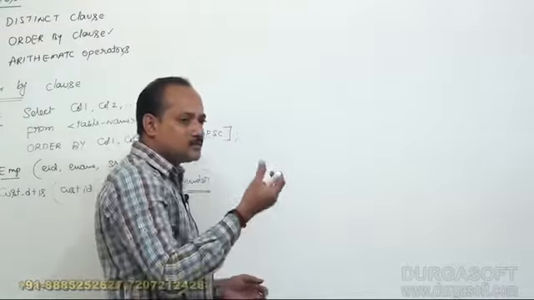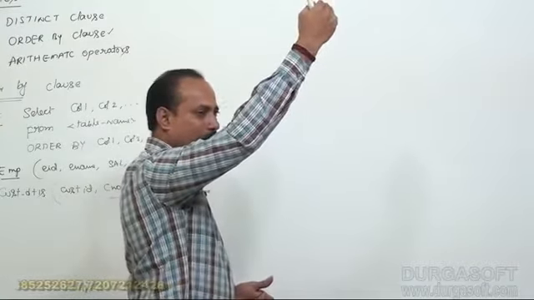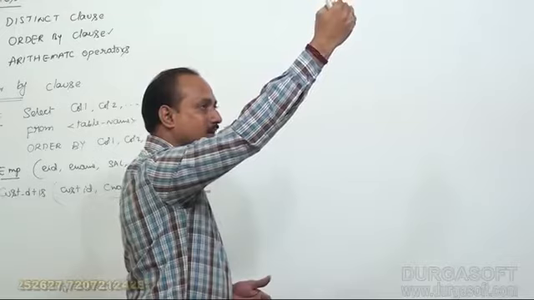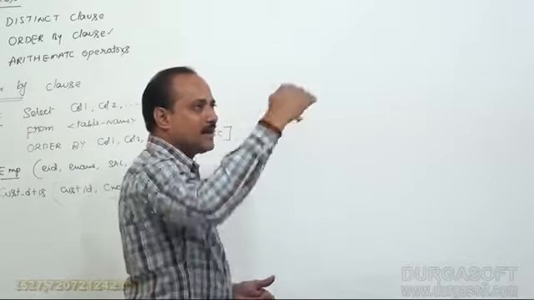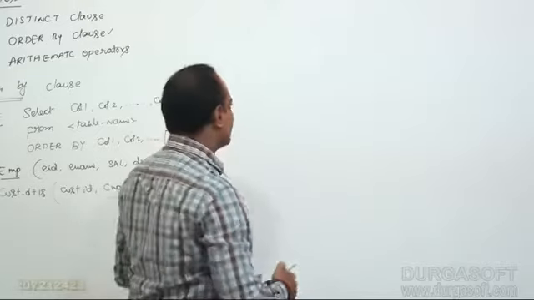The highest value in the join date column should be displayed first, from the highest value to the least value, meaning the recent date to the oldest date.